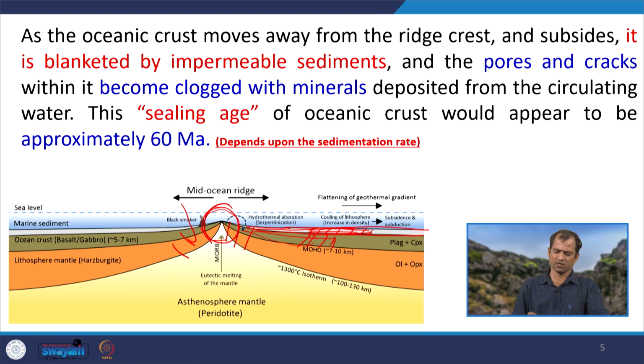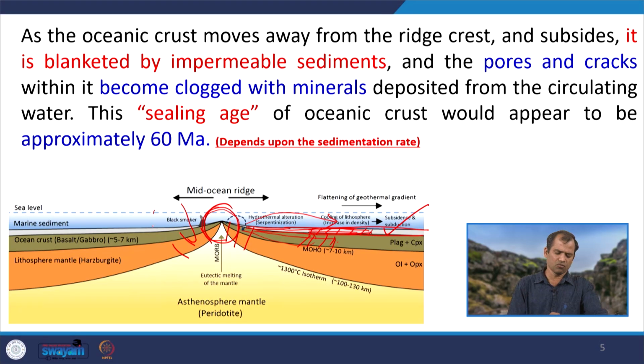So, in both ways, due to sedimentation and due to mineralization, we are closing these cracks. So, once we move away from the ridge, the effect of cracks, that is the hydrothermal circulation, reduces.